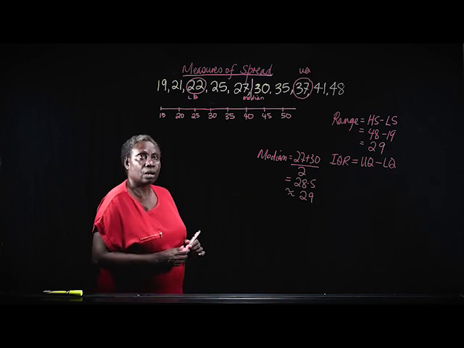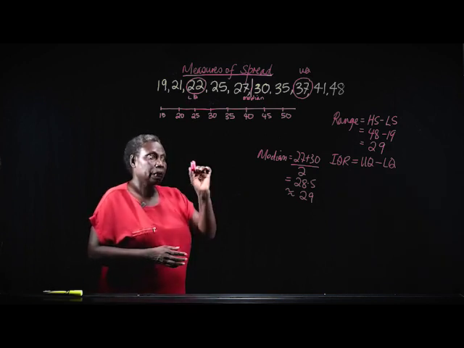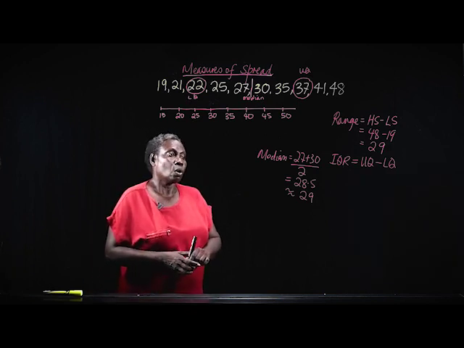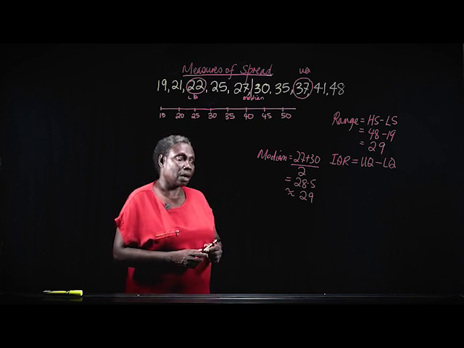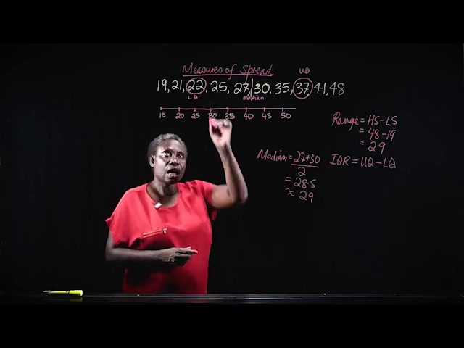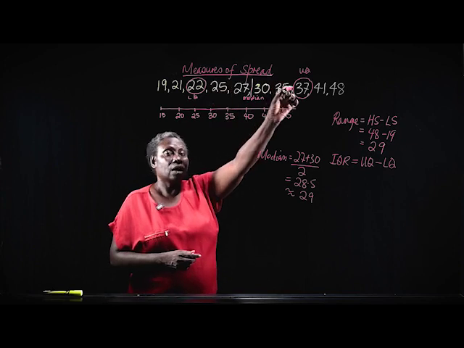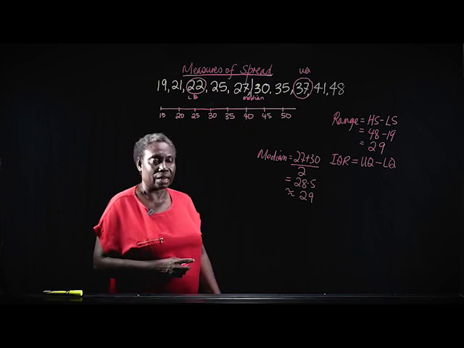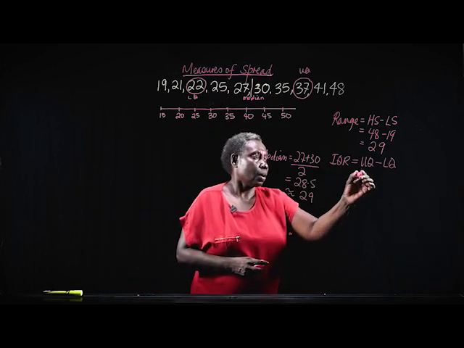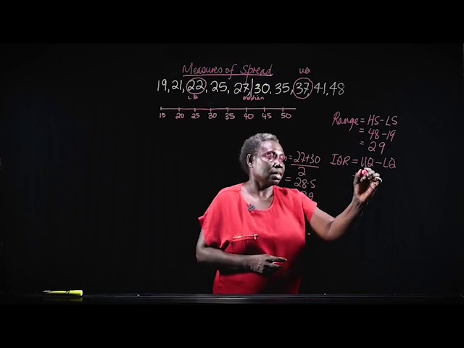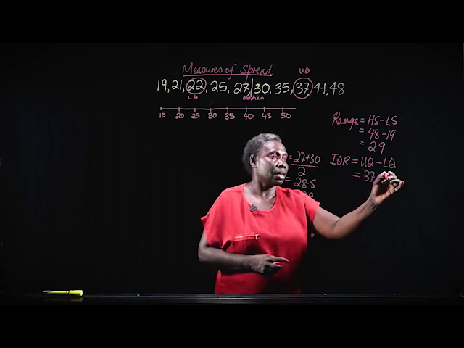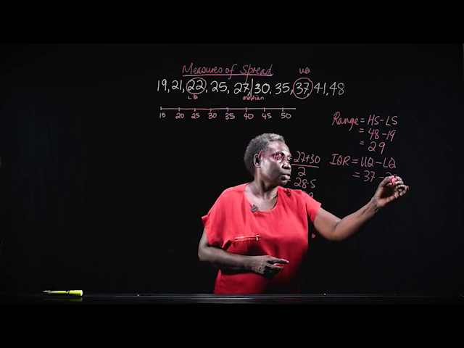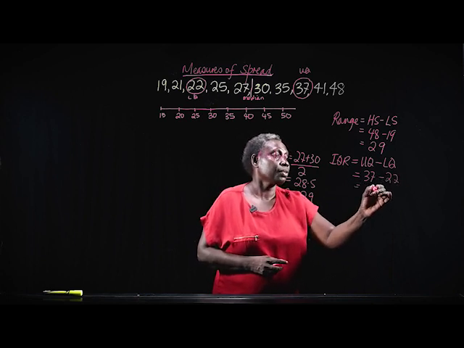Now we are going to find the interquartile range after we have found the upper quartile and the lower quartile. Our upper quartile is 37. 37 minus the lower quartile, 22, gives us 15.